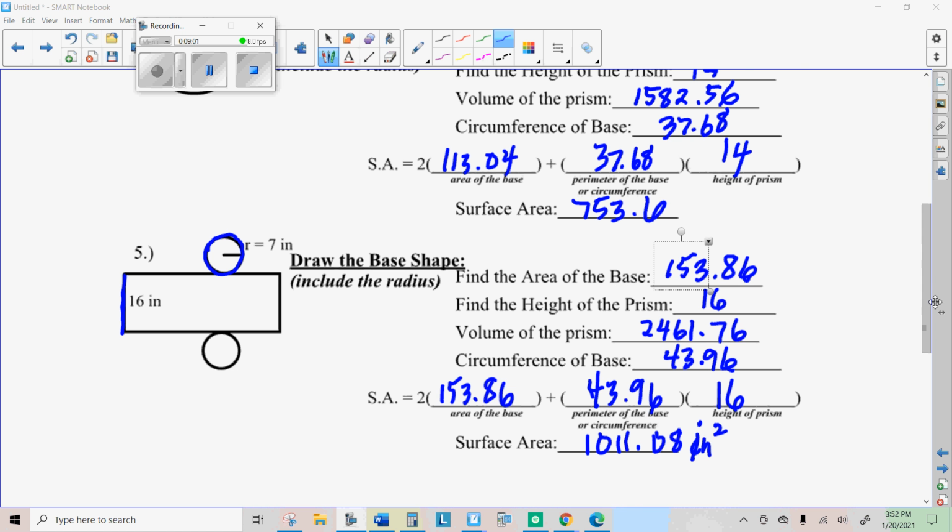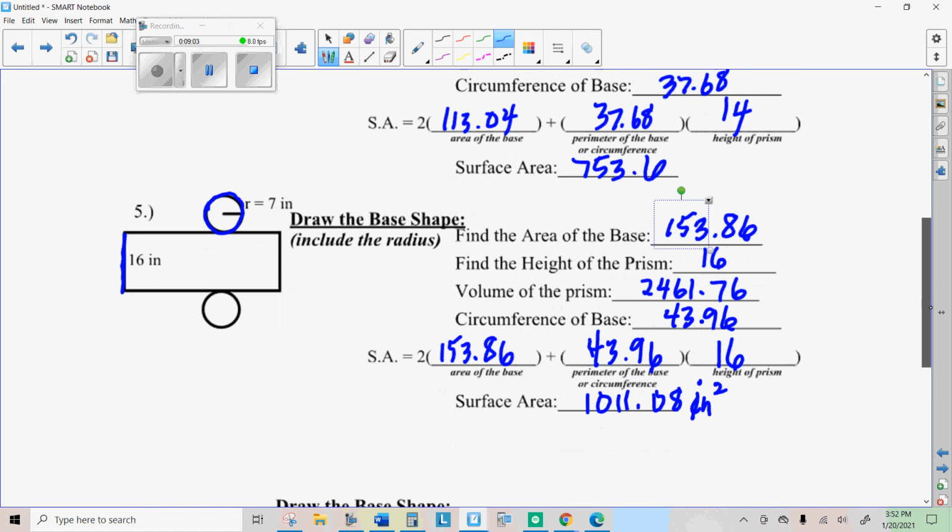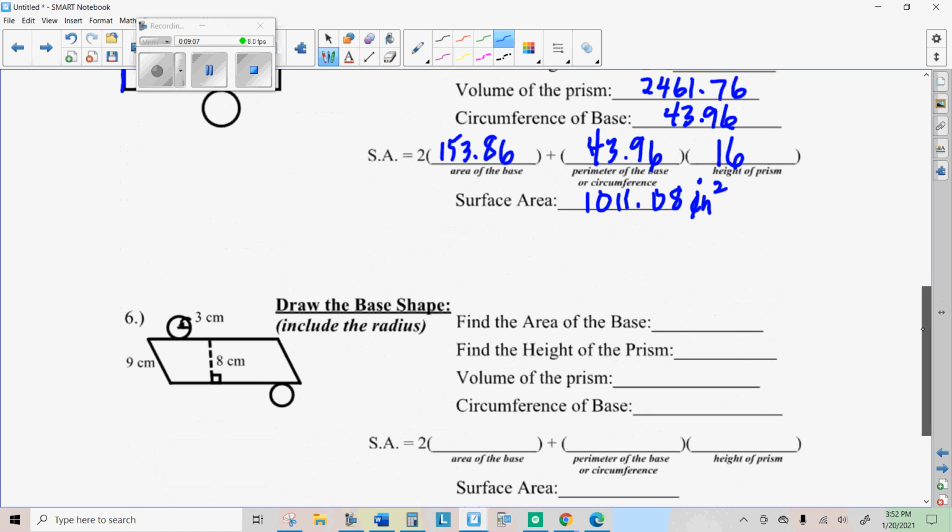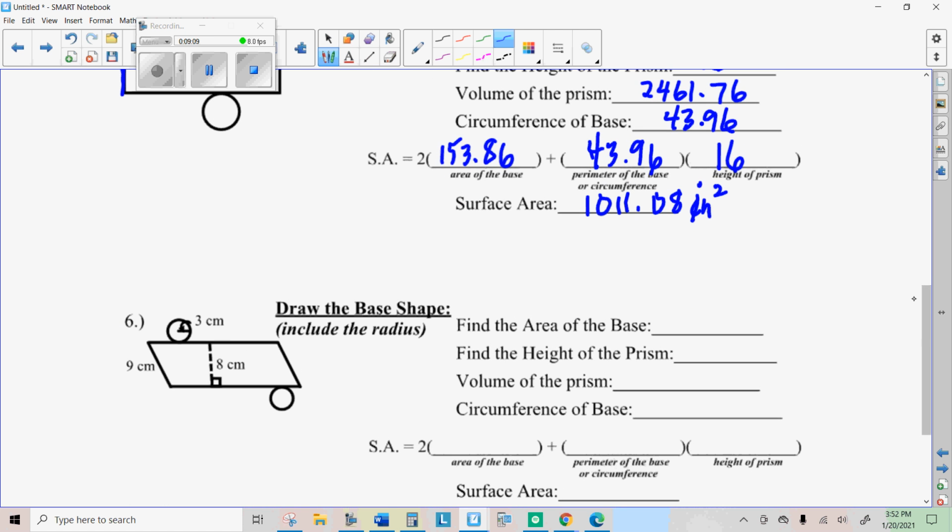All right, once again, look at your numbers, look at my numbers, and whichever numbers you have wrong, see if you can fix those. Okay, now this will actually make kind of a slanted looking cylinder. Not that that really matters, but to find the area of this part, you're going to take the circumference.